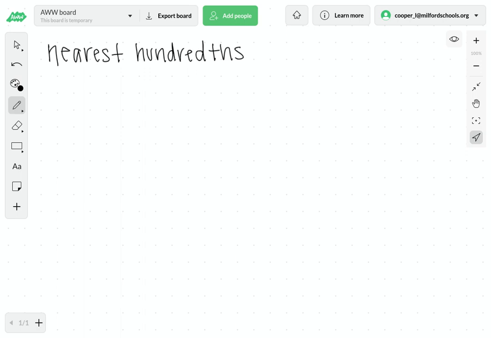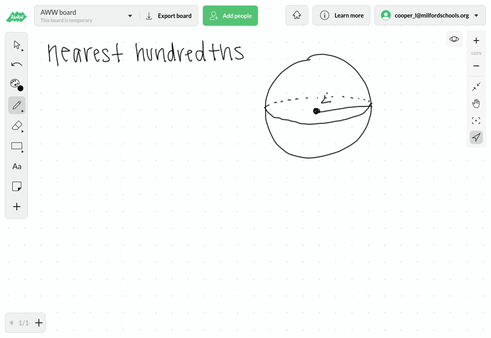So I'm going to do my best at drawing this sphere. And we're going to have a radius of 4 centimeters. So I'm going to write down my volume formula.